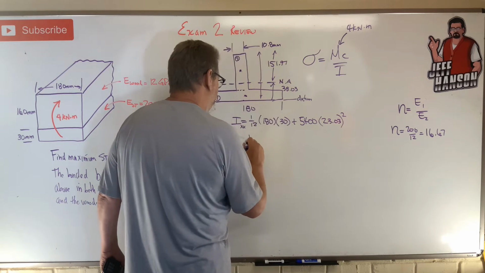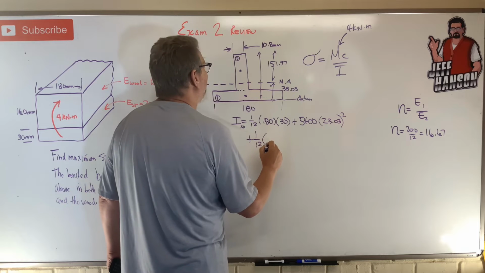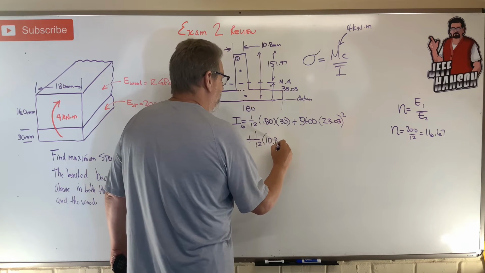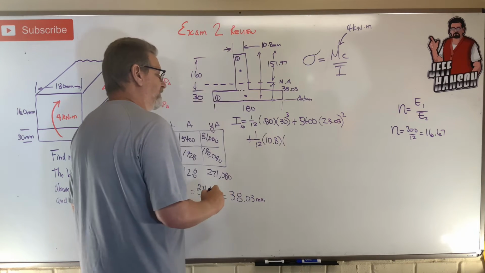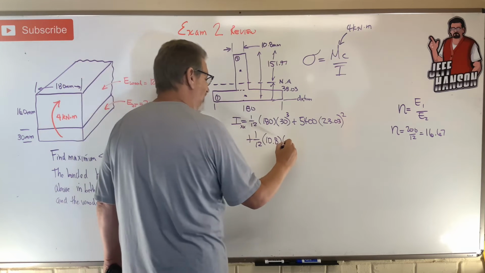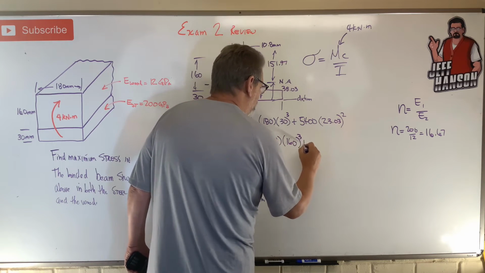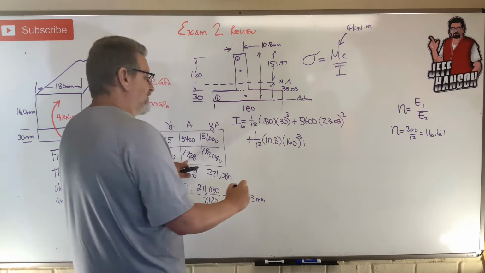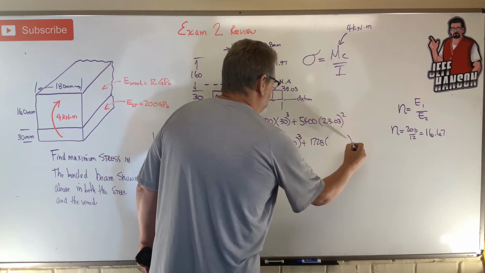Okay, and then plus, here comes piece number 2, 1/12, the base, 10.8, times BH cubed. H for piece number 2 is 160 cubed, plus the area, 1728, times D squared.